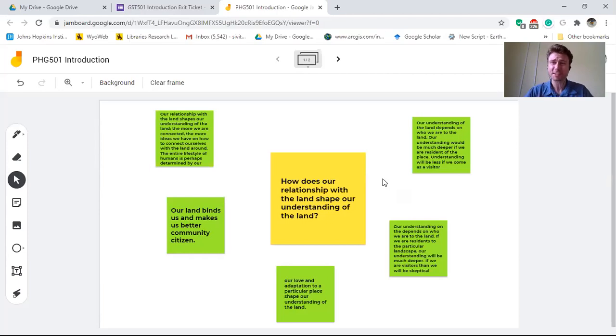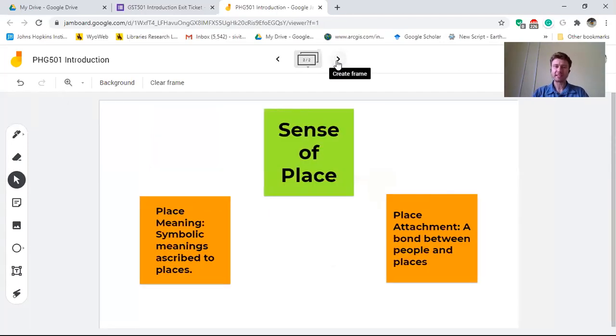To wrap this up, two concepts I want you to walk away with from today revolve around this idea called sense of place. This is something that you all were just talking about. That's what it is at the end of the day. Has anybody heard of this concept before? Sense of place?